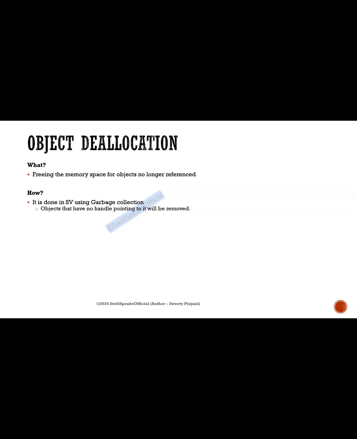If there is no handle pointing to the object, that is, all the handles which were pointing to the object are now removed, then that particular object is no longer referenced, because the object is referenced with the help of a handle. It means the object will not be required in future, so you can remove that particular object from memory.